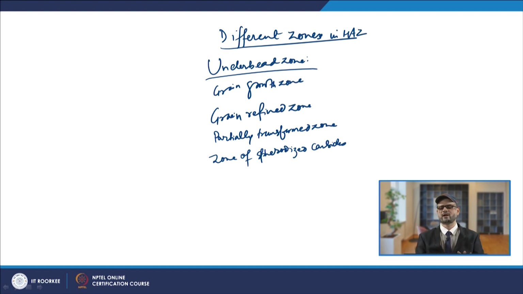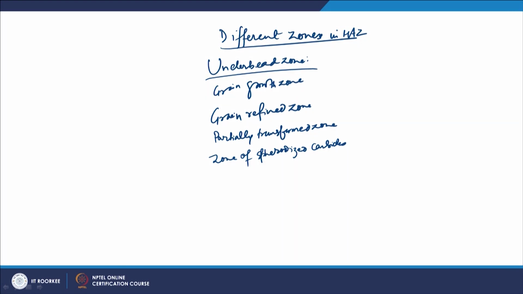The zone of spheroidized carbides starts from 550 degree centigrade and goes till A1. Even at that temperature, when the material is being heated, it is likely to affect the microstructure and correspondingly the properties of the material.